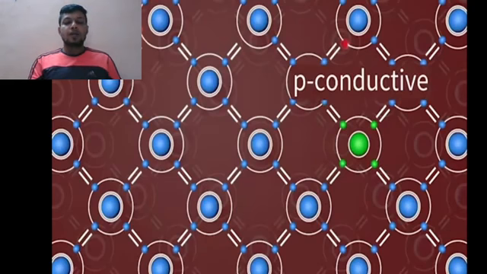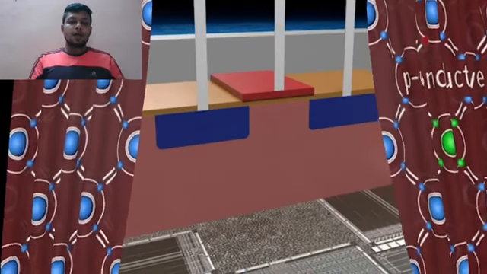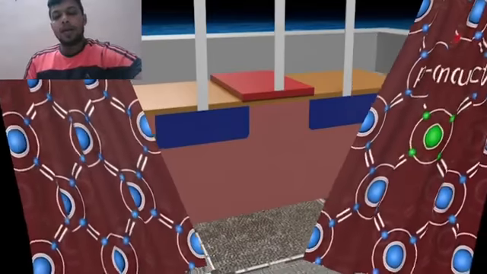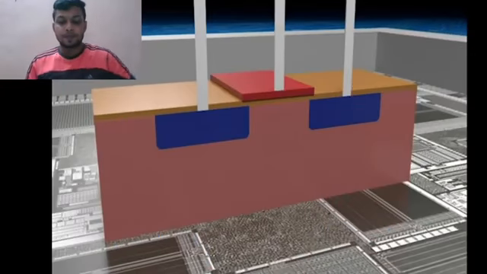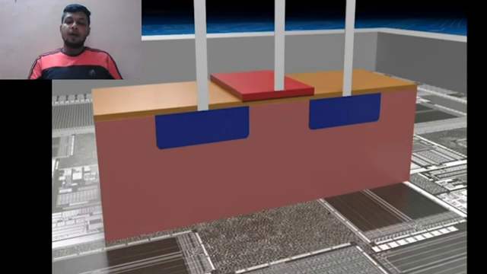The hole moves through the crystal like a positively charged particle, making the material p-conductive. Transistors are built on the p and n conductive layers that exist in a doped wafer. Transistors are the smallest control unit in the microchip.